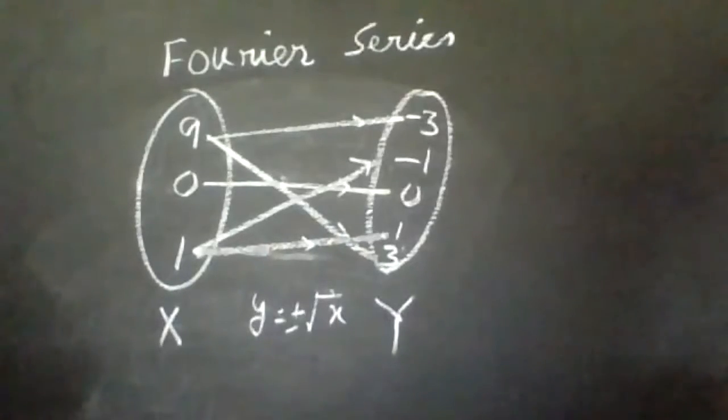Now we must say that such double valued functions are not allowed in the case of Fourier series. We must be very careful of that.